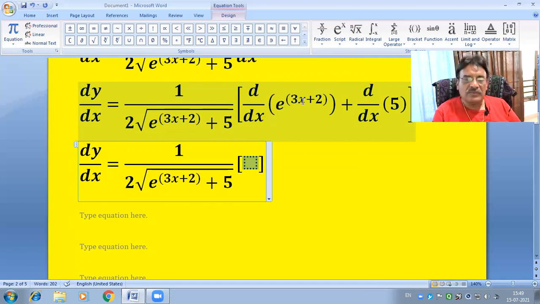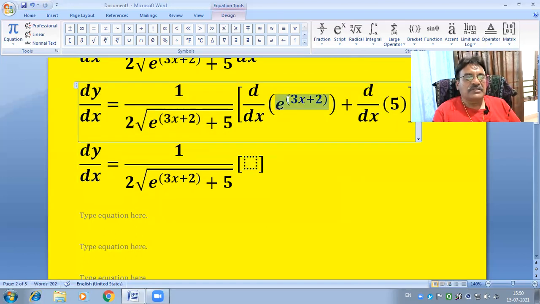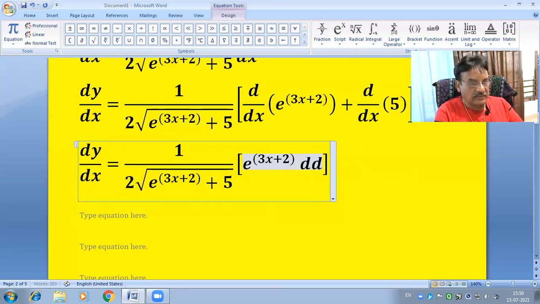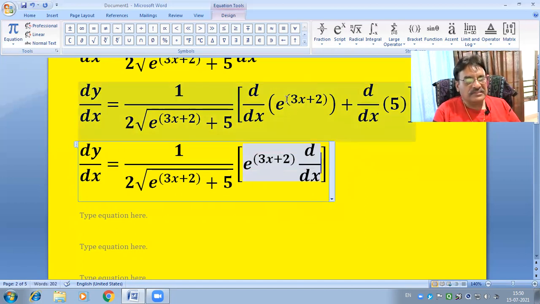By using this result, we write e to the power 3x plus 2 into d/dx of this power, that is 3x plus 2.